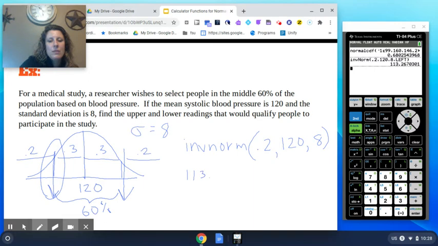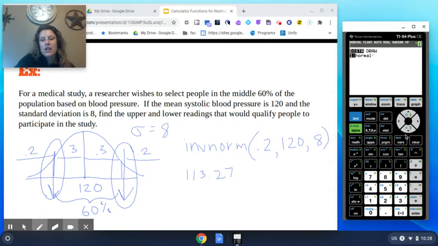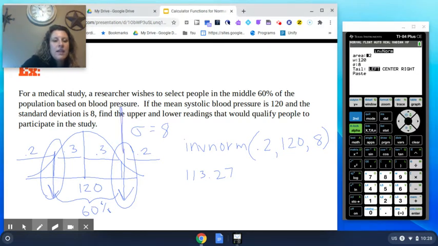it is going to tell me that that lower boundary is at 113.27. I'm going to round that. But we also need the upper boundary as well. So let's talk about how we would enter that. Our mean is not changing and our standard deviation is not changing, but our area to the left would change. So if I want this line, I would want the area to the left of that.